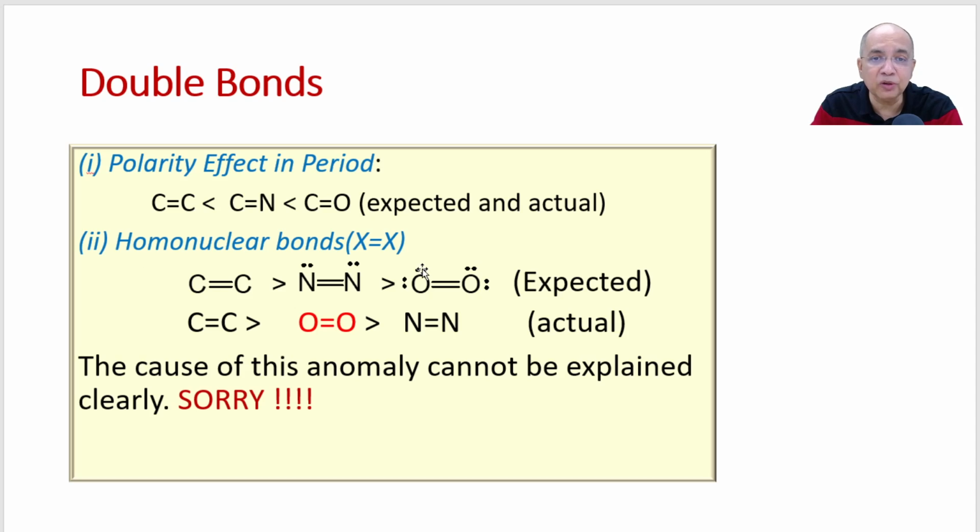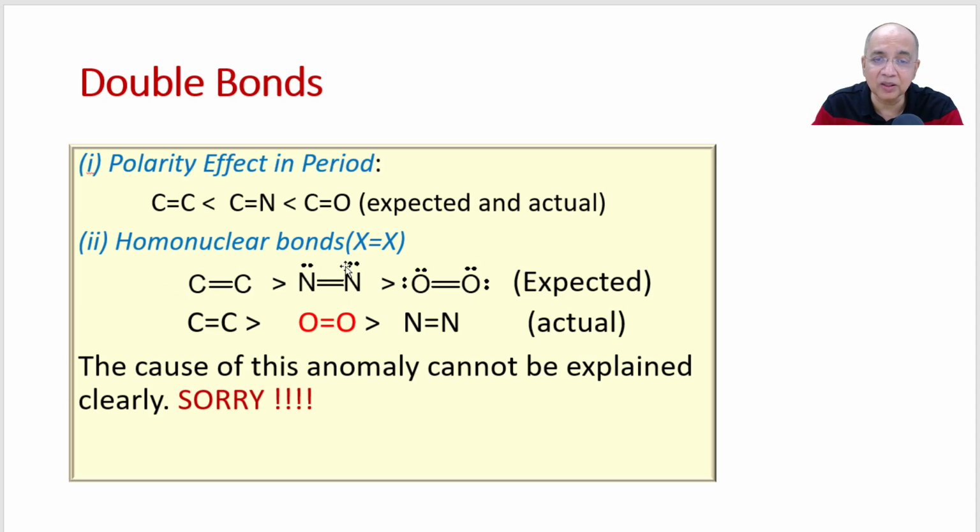And in homonuclear double bonds, where this is a real molecule, O2, although this is a paramagnetic molecule, the bond is not like this, but well, yes, bond order is 2 for oxygen.